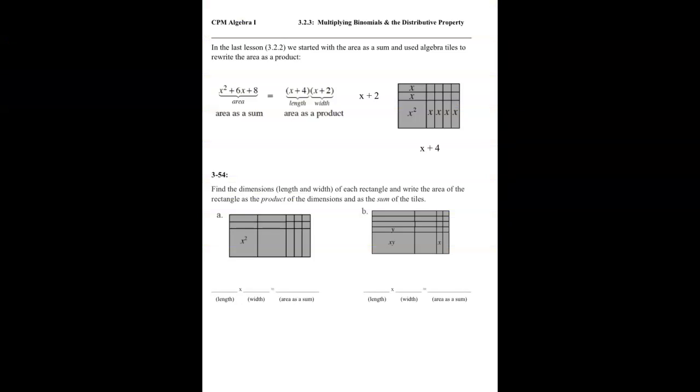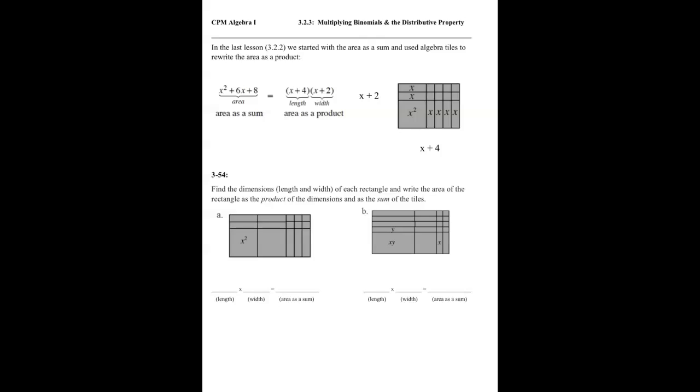All right, so in the last lesson, 3.2.2, when we were building these rectangles using the algebra tiles, we started working with this idea of expressing an area as a sum, and then also rewriting the area as a product. So here we have an example of a rectangle we might have built with algebra tiles.